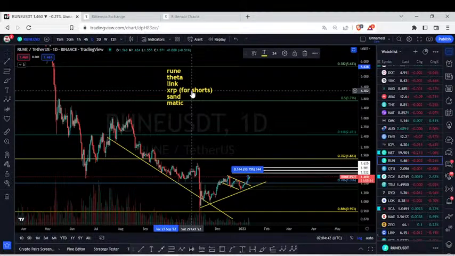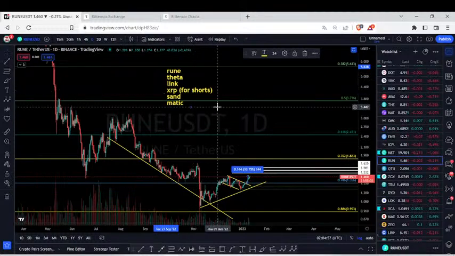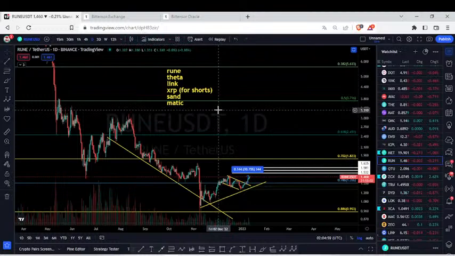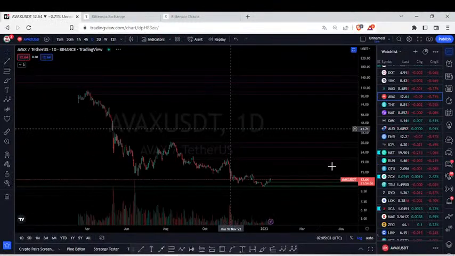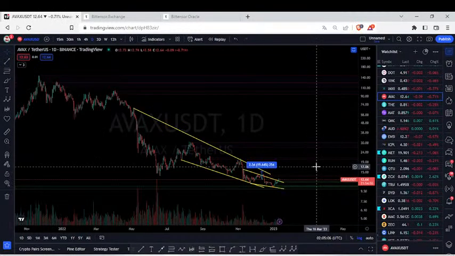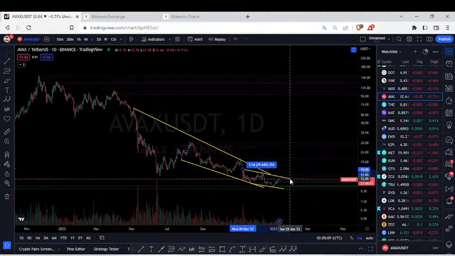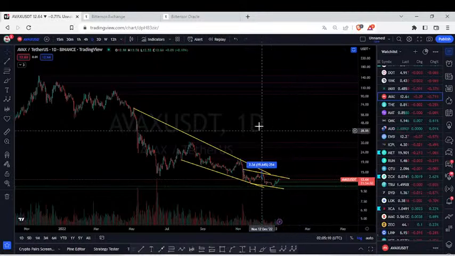But when it moves, it moves. I'll explain why I'm saying this for shorts. Focus on these, as these will give you the most gains. Then you've got the other coins like AVAX, Solana, and all these, but I'm not a big fan of Solana at the moment.